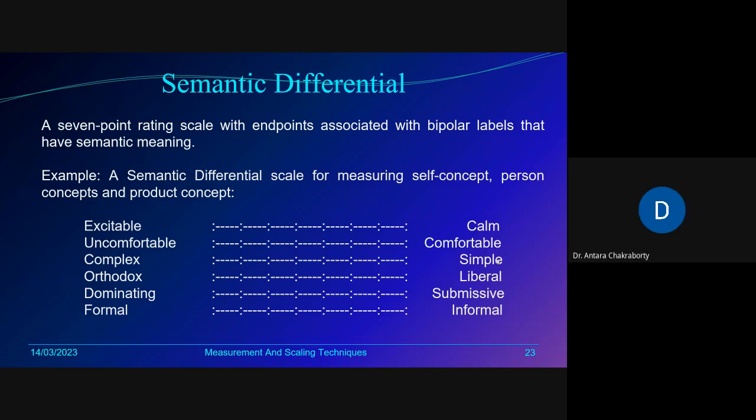So how many points are there in the scale? Can you identify? 7. Yeah, that's why we are calling it a 7-point scale. So if you are putting your mark on 1, 2, it is more or less excitable. If you put it on 6 or 7, it is tending towards calm. Clear? Yes, sir.